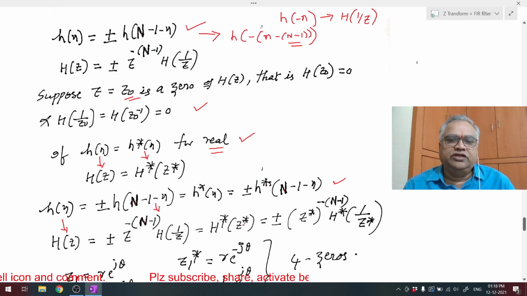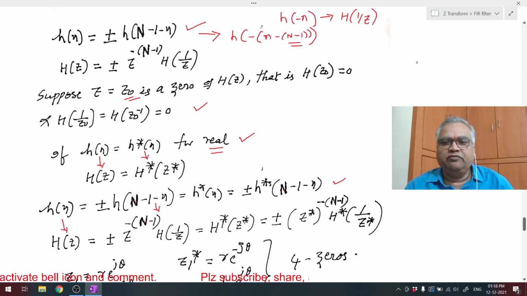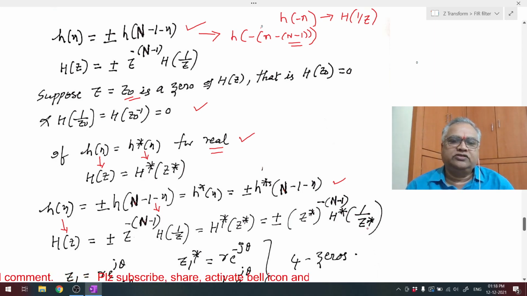So wherever Z is there, Z becomes Z star, just observe this equation. Z is replaced with Z star and here 1 by Z is becoming 1 by Z star and again H star is there. Now we will get Z star to the power of minus of n minus 1 H star 1 by Z star.